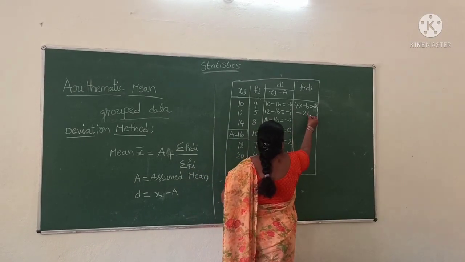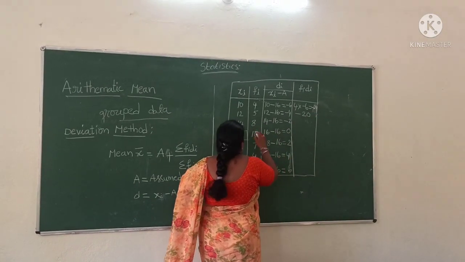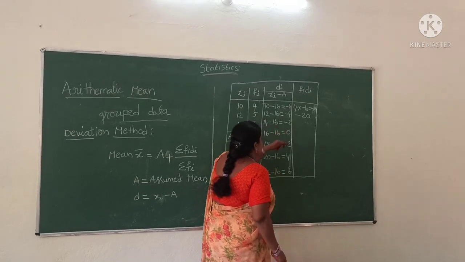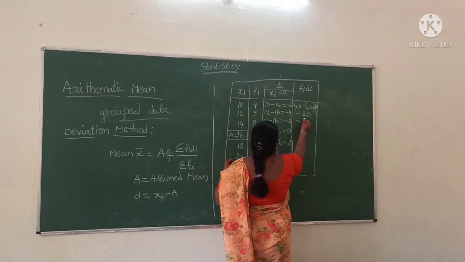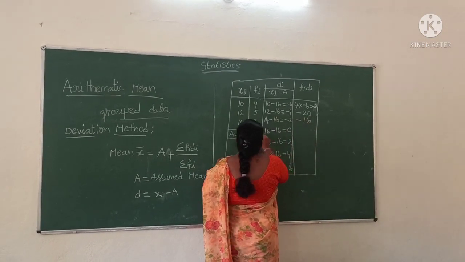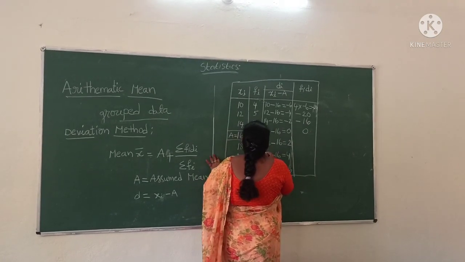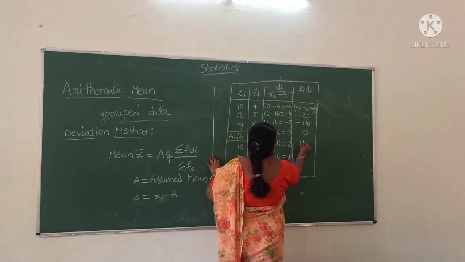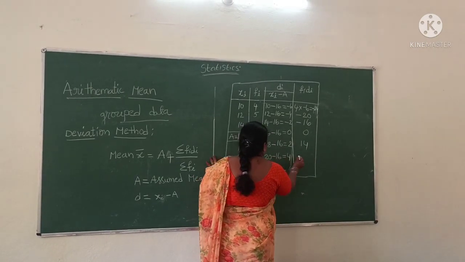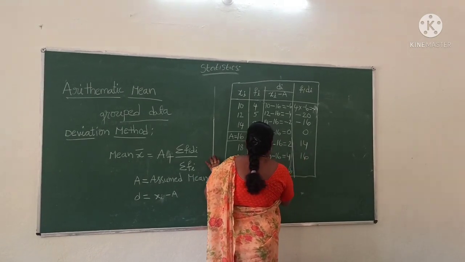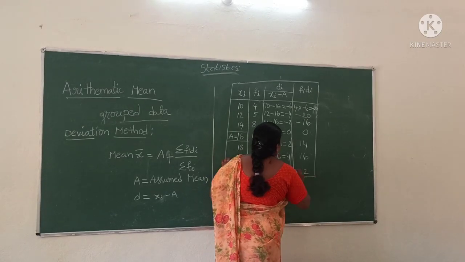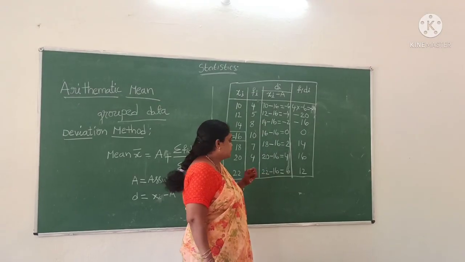Minus 20. Third one, 8 2 are 16. Minus 16. Next one is 0. Next one is 7 into 2, 7 2 are 14. 4 4 are 16. 2 6 are 12.